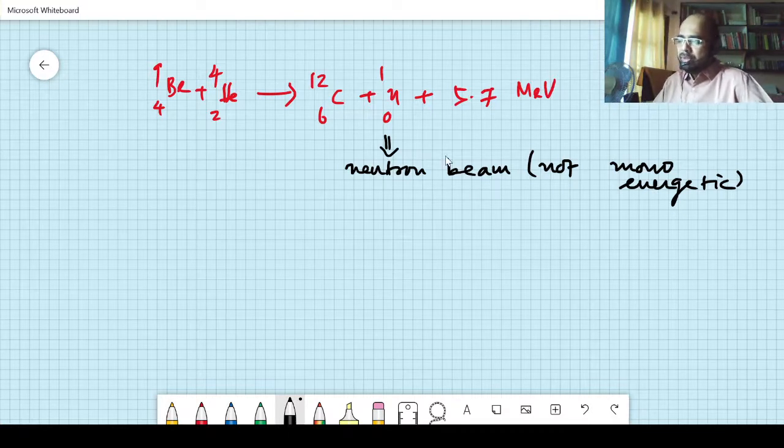So to bring that into the monoenergetic pattern, we have to classify the different types of energy that is faced by the neutron.